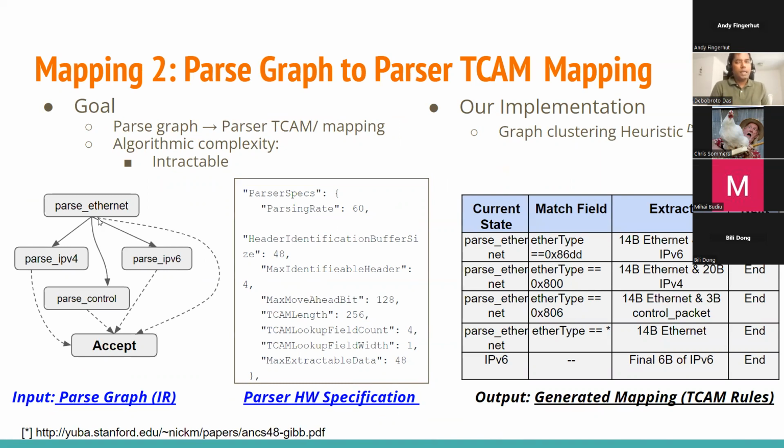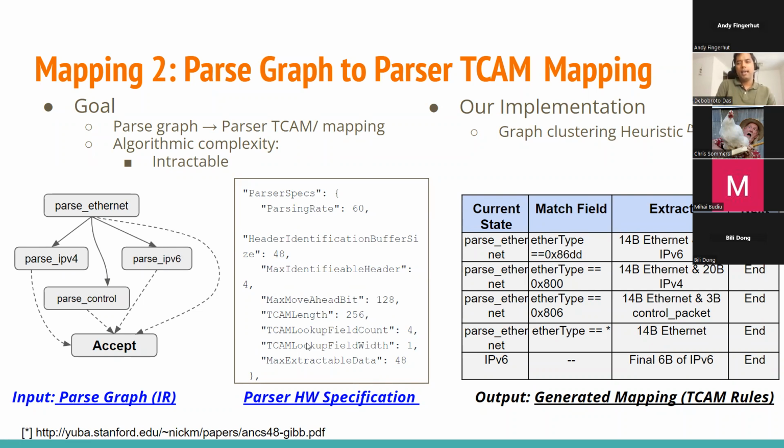In the BMv2 JSON representation of the intermediate representation, they give you a parse graph for the parsing logic. From that parsing logic, you have to map that on the actual parser hardware units. This is the specification for a parser hardware unit. Then it will actually calculate the TCAM entries for that parser unit.